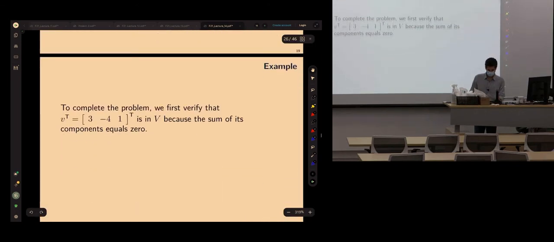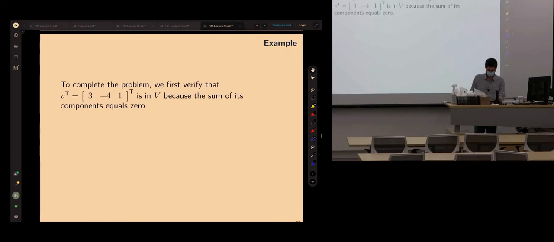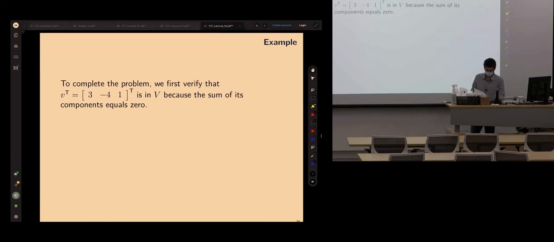Question is asking more. We're saying also, check if this V is in the subspace, and then find its coordinates with respect to the basis V1 and V2.